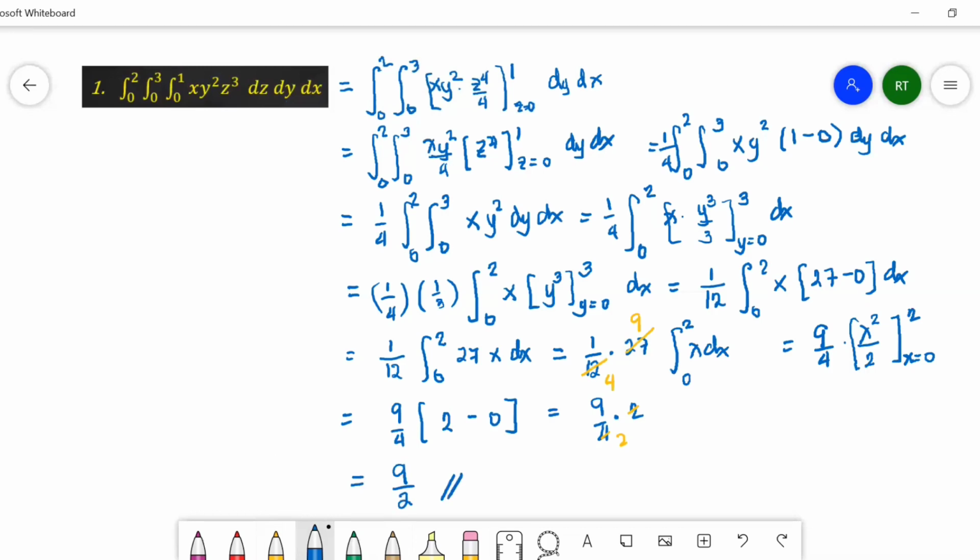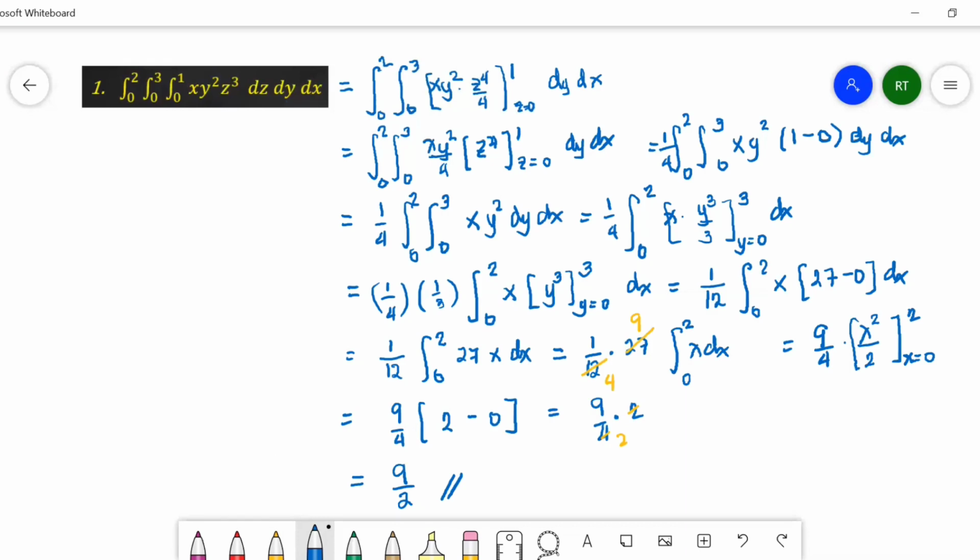So we were able to evaluate the triple integral in z, y, and x in that order, where z goes from 0 to 1, y goes from 0 to 3, and x goes from 0 to 2.